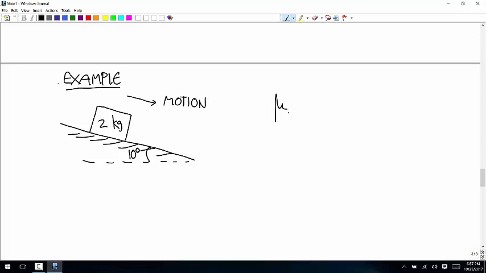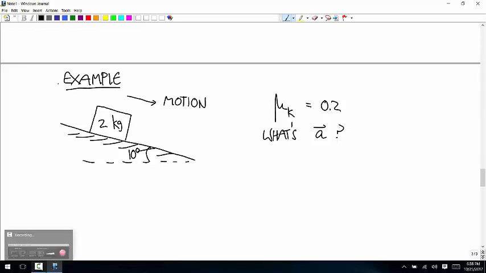If the coefficient of kinetic friction is 0.2, what's the acceleration vector? Okay, so go ahead, ask me questions if you get time.